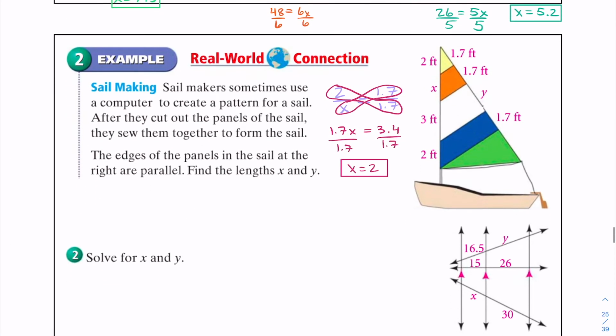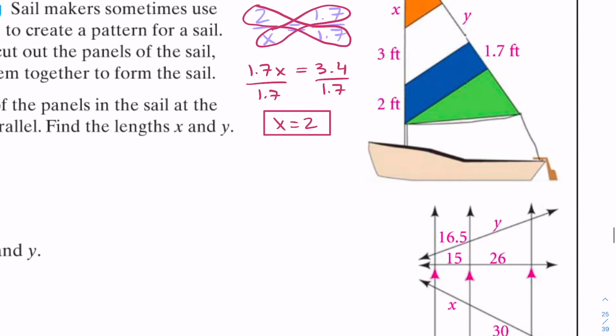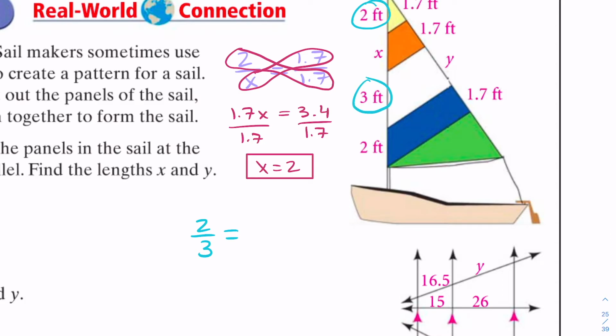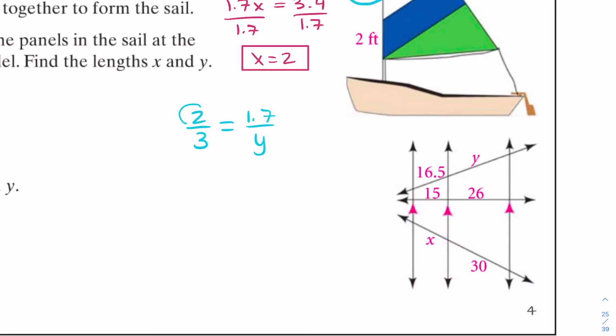Okay, and the next one is solving for y. So I can do the same thing. I can actually do 2:3 as 1.7 is to y. So I'm going to get 2y equals 5.1.